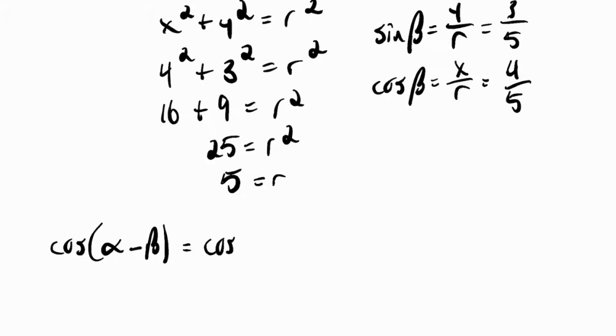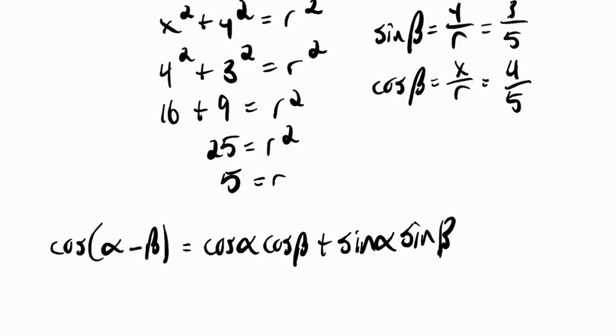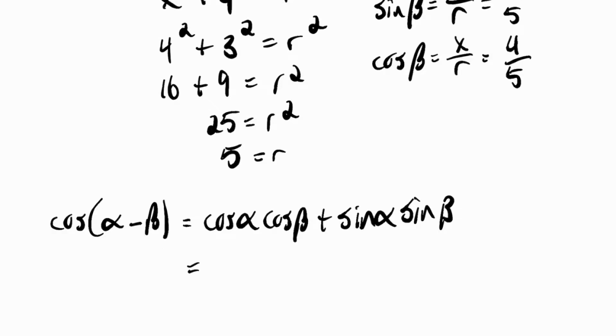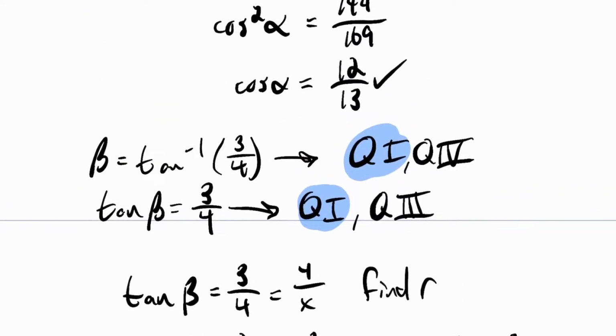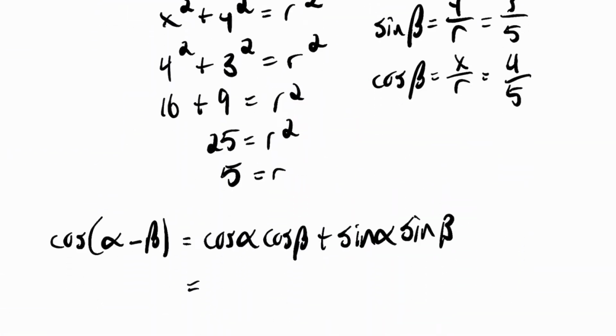Cosine of alpha minus beta is cosine alpha cosine beta plus sine alpha sine beta. This iPad doesn't like it when you write quickly. So cosine alpha, what was that? 12 over 13, okay.